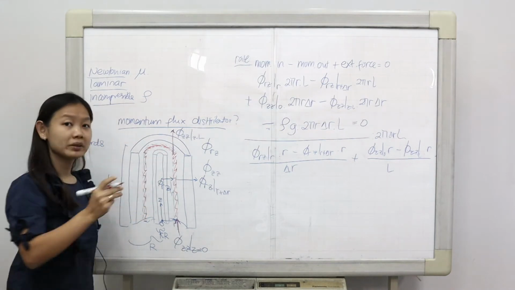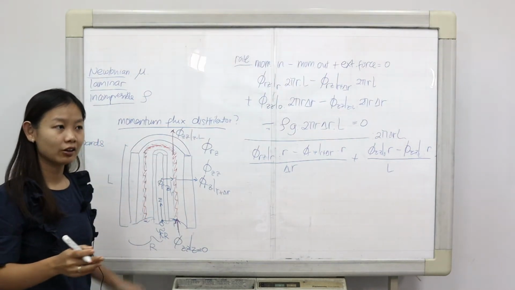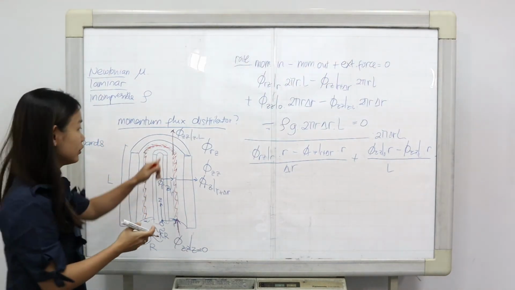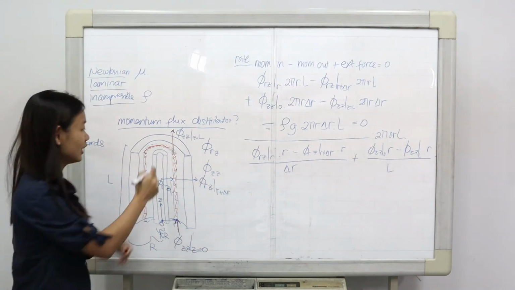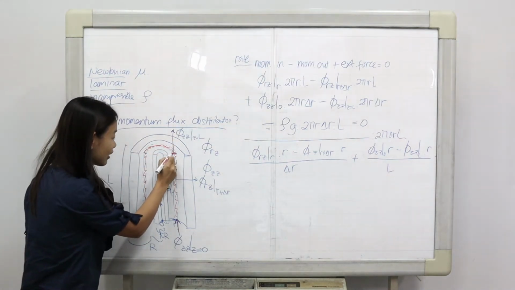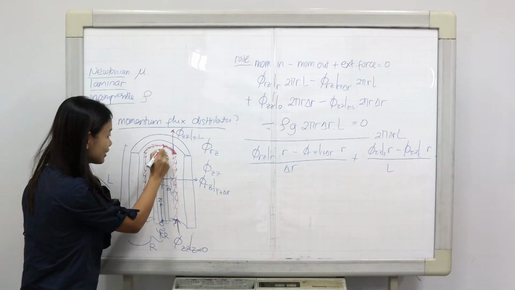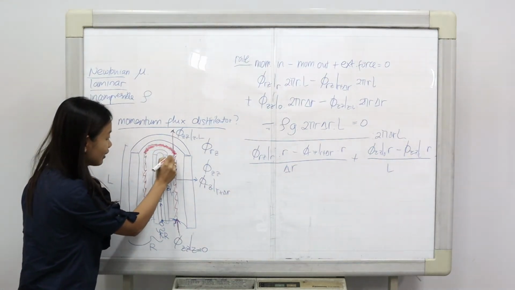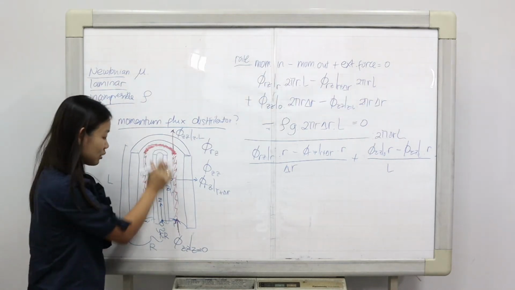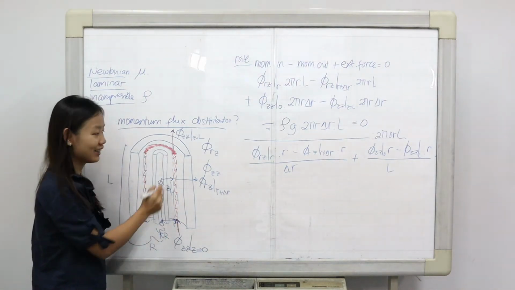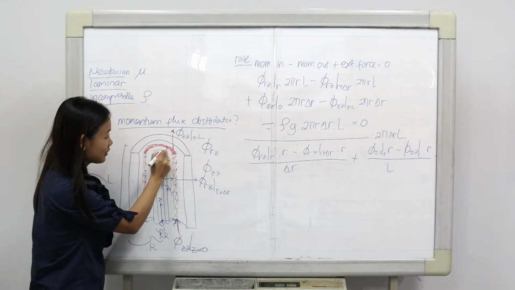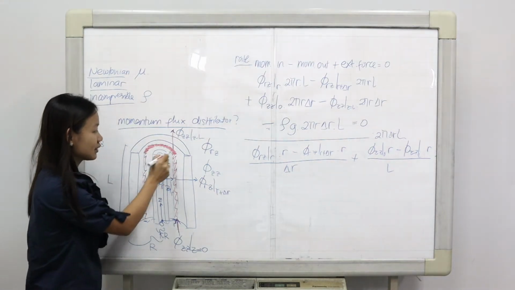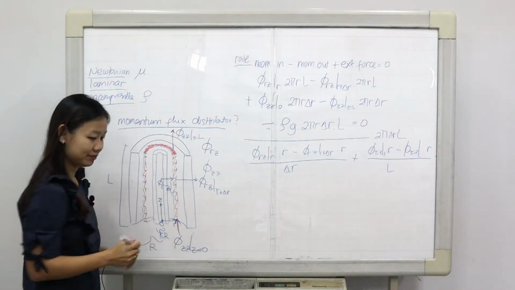So the area perpendicular to the phi zz flow is this area. Also the same at the bottom, but I cannot draw it. So I draw it here. Okay, this area.